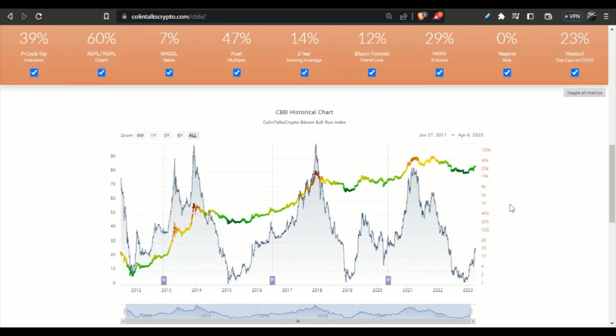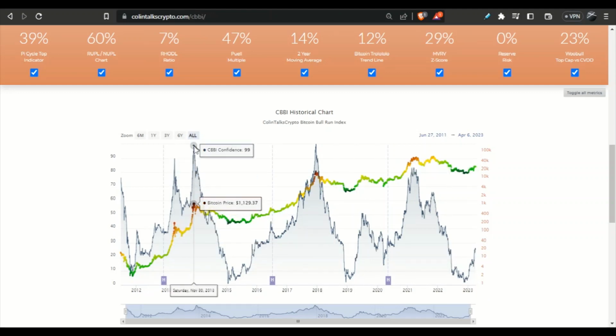So the lowest point of the index was at this bottom. We had a confidence of 9. At this bottom in 2015 we had a confidence of 1. At this bottom in 2018 we had a confidence of 2, and of course they're correlated with the blue bottom, and now we had a confidence of 2, and coming up from that to where we are today at 26.